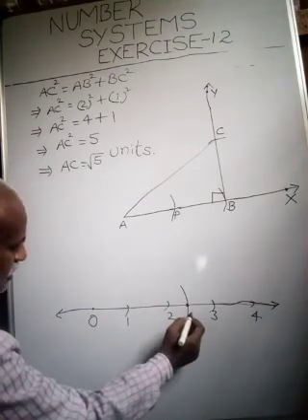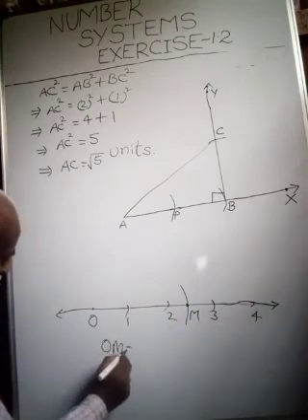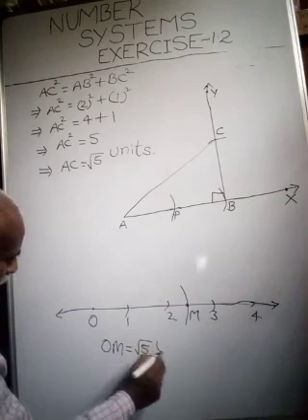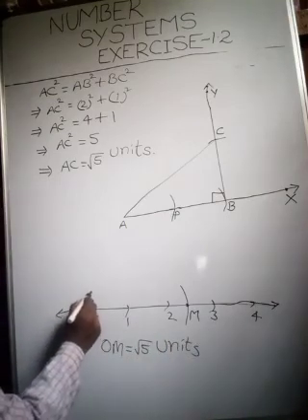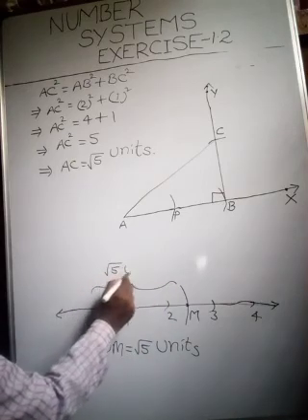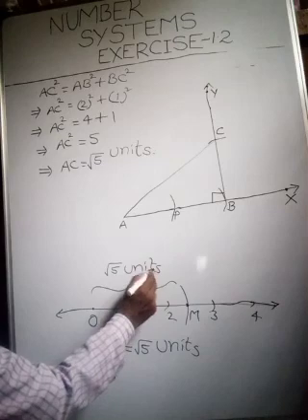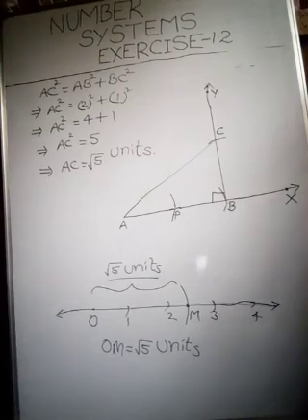Let us consider this point is M. So OM is equal to root 5 units. Understood, my dear children? This is the procedure to represent root 5 on the number line. Okay, my dear children?